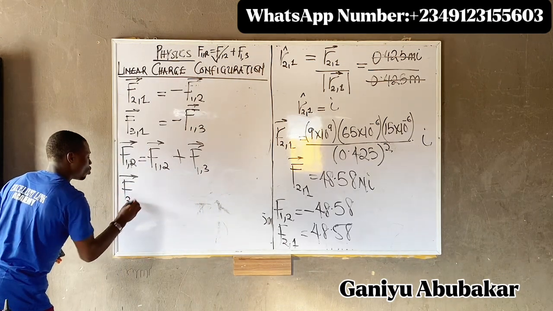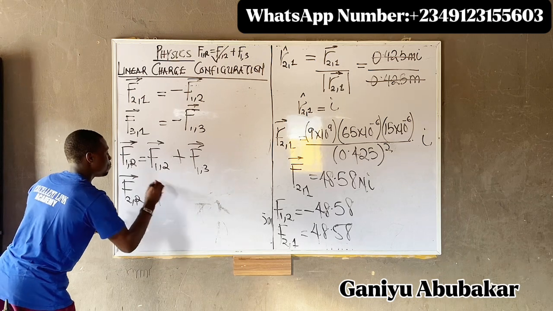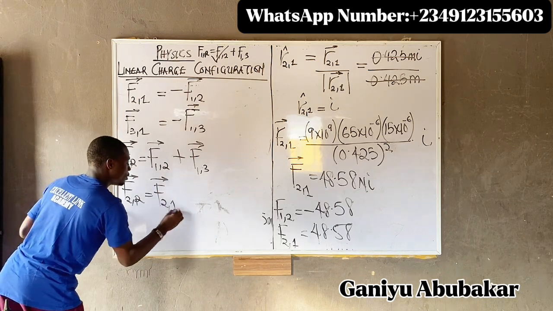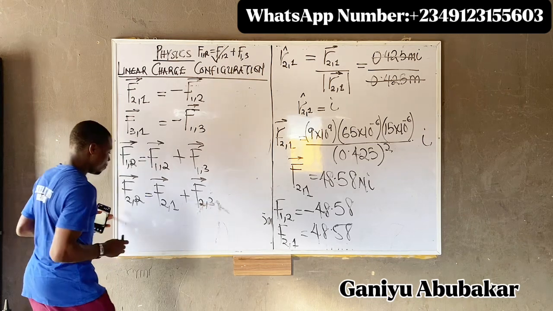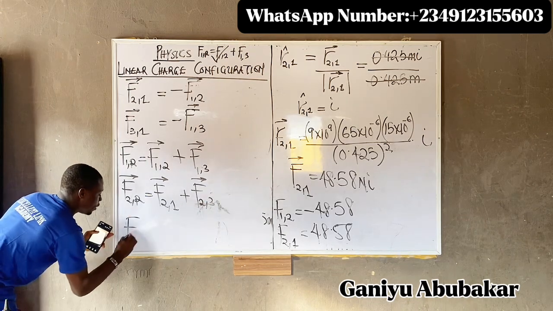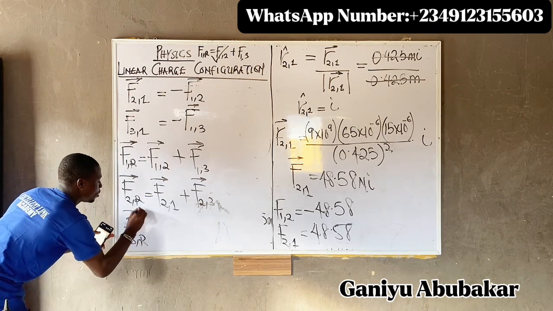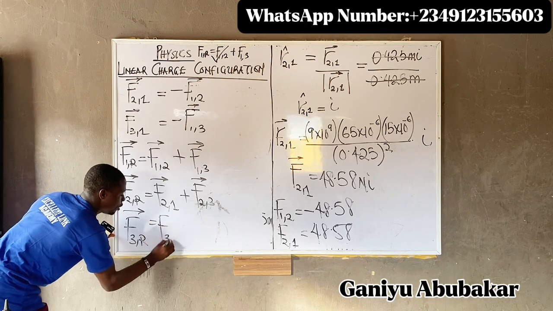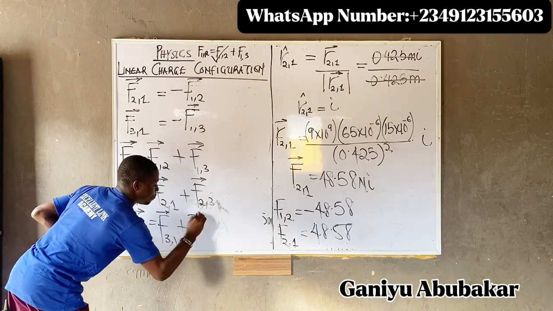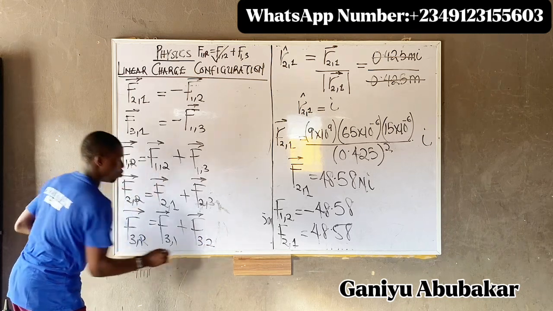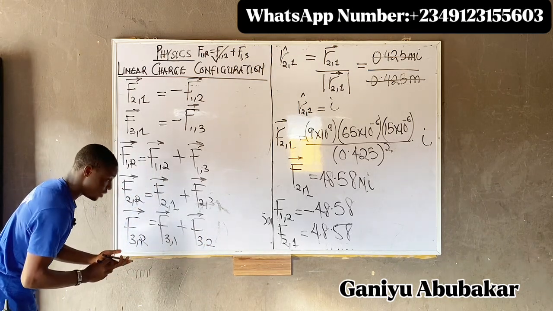So F2 resultant gives F21 plus F23. Finally, let's get F3 resultant. F3 resultant gives F31 plus F32.